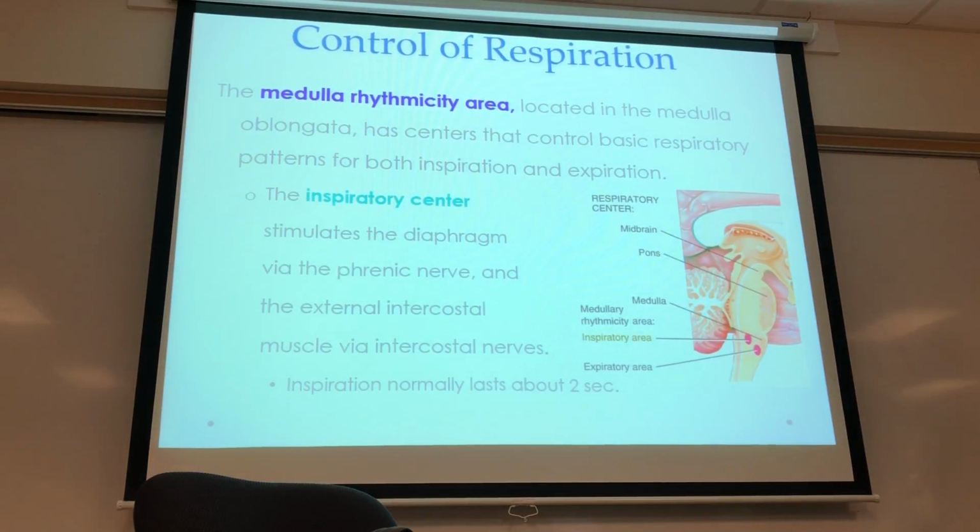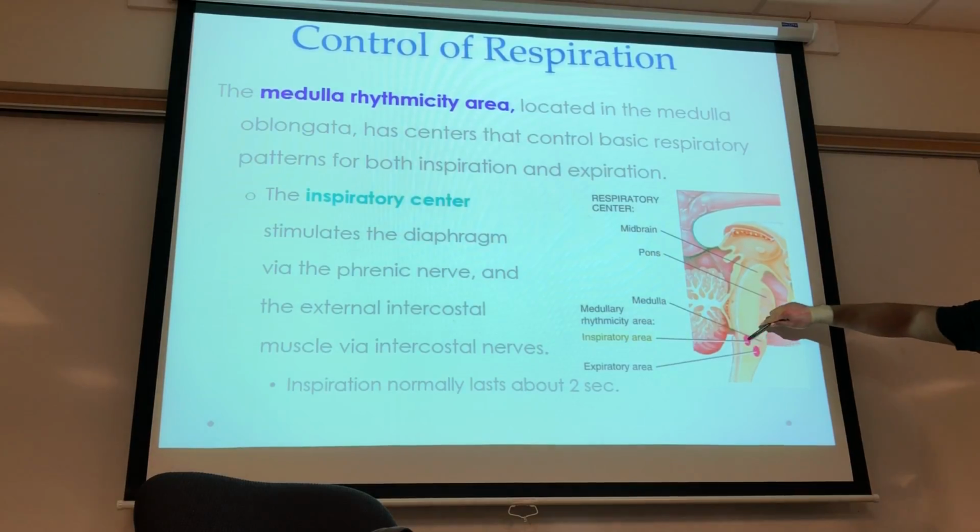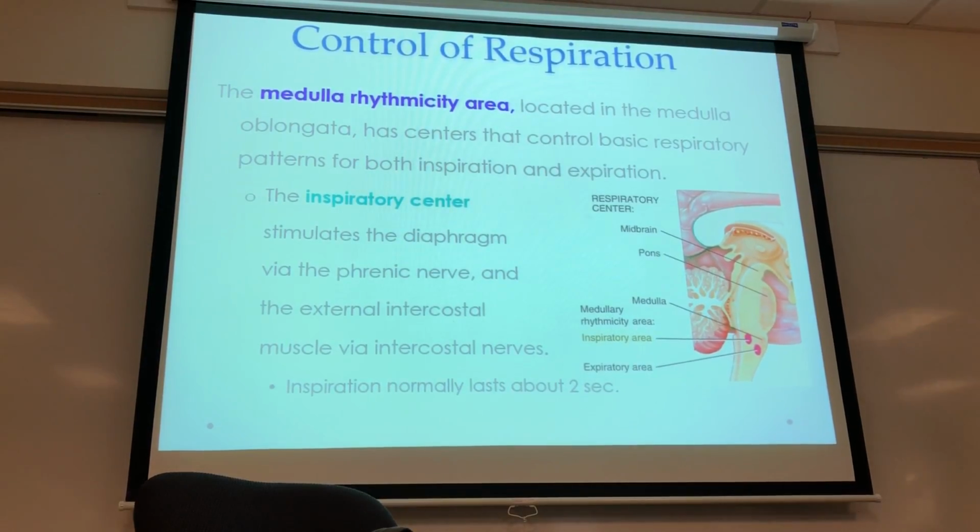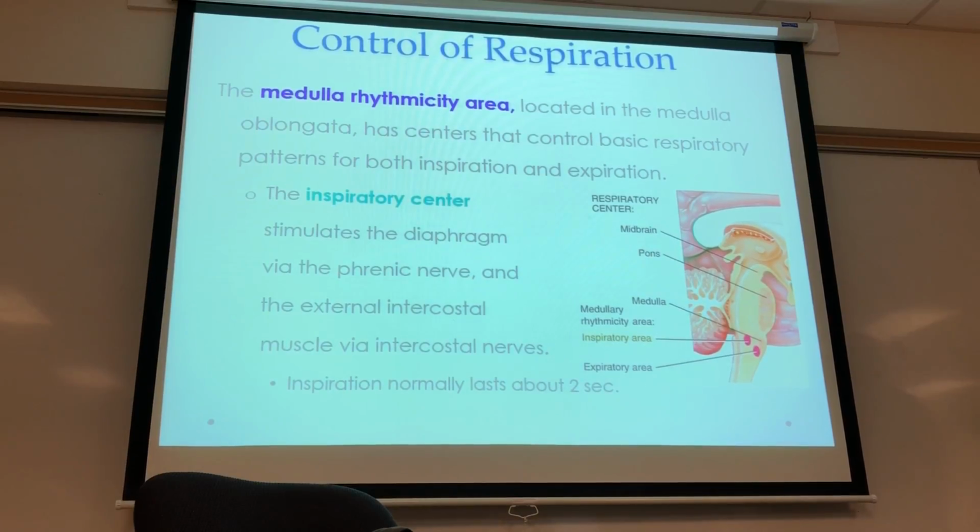All of this regulates not only the cardiovascular centers, which we learned the medulla has, an accelerator and cardioinhibitory center that speed up or slow down the heart, but also the respiratory centers. This rhythmicity area in the medulla will govern inspiration and expiration.